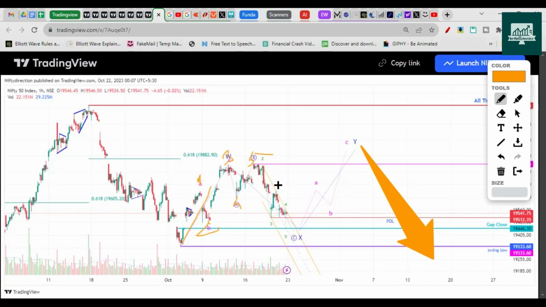This is what you can think, but this looks to be very wrong because the pullback here completed in a single candle, right? The drop completed in a single candle and then it continued to move. But this is not the case when you check Nifty's futures chart.